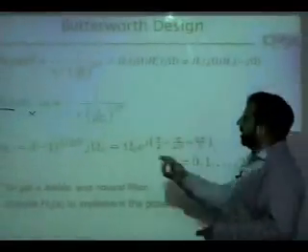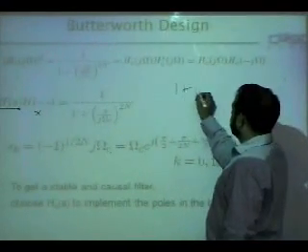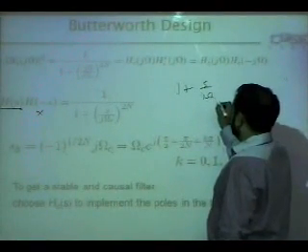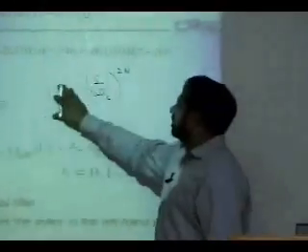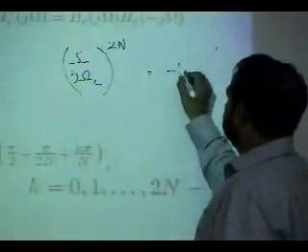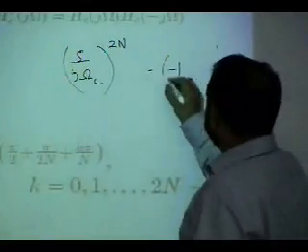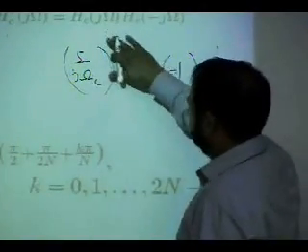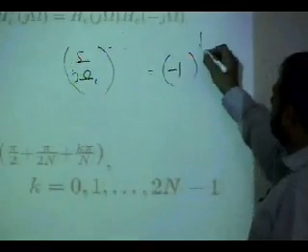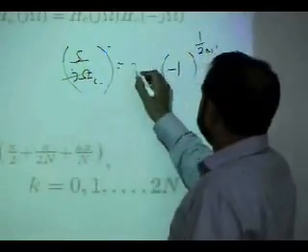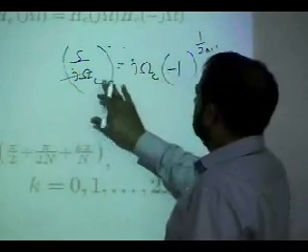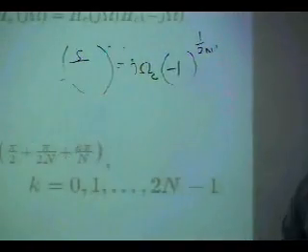Means if I write an expression like this, 1 plus s, and I try to find the roots of the polynomial, the 1 goes on this side and becomes minus 1. Then you have minus 1 raised to the power 1 over 2n, and then this j omega c comes here. So these are the roots.